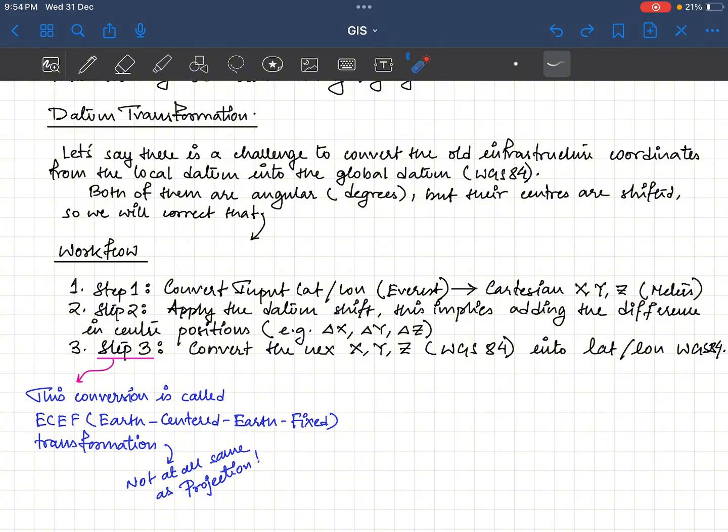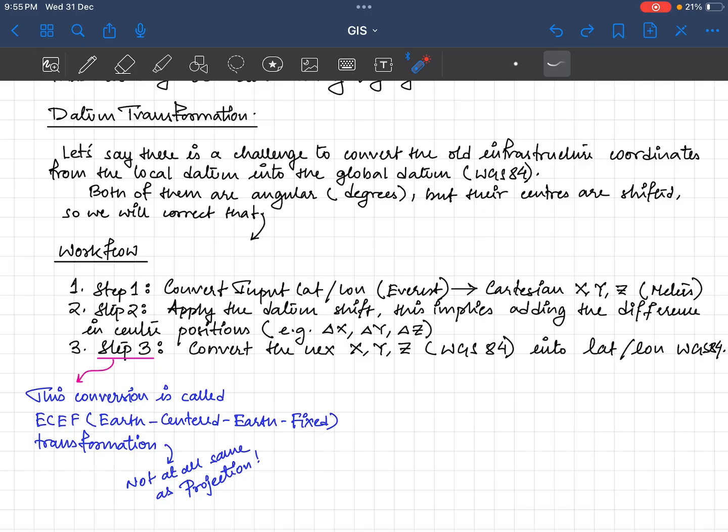Once that is done, convert these coordinates back into lat longs, because after applying these deltas, it has already converted to WGS. Now just convert it back into angles. This conversion is called ECEF, which stands for Earth Centered, Earth Fixed Transformation.